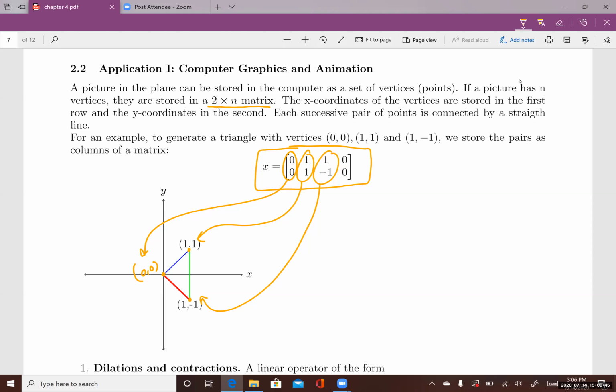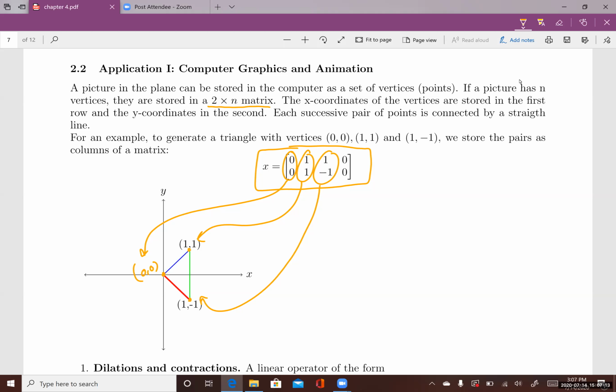And because we want to connect this point to this point, this point to this point, and this point back to this point, that means we always want to include the point of the first vertex at the end of the matrix. So these 3 columns represent the 3 points, and then this is just the same coordinates of the first point because we want to make a loop.